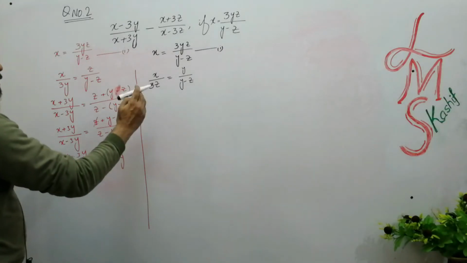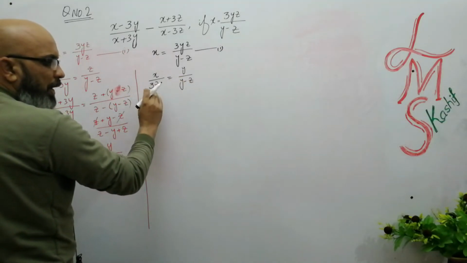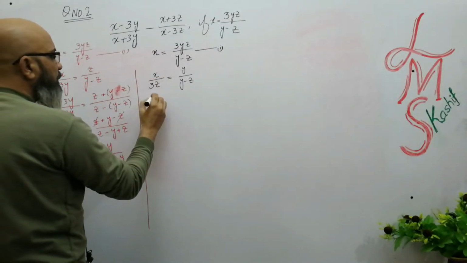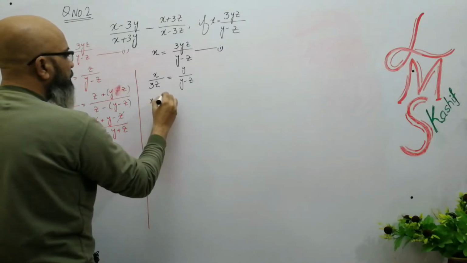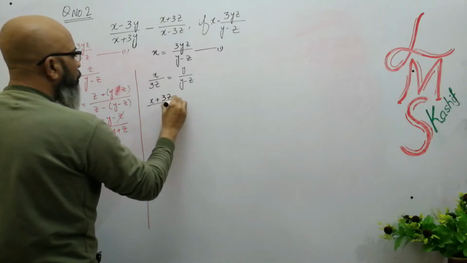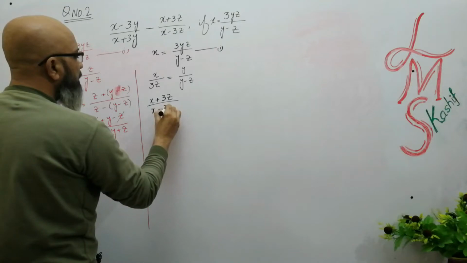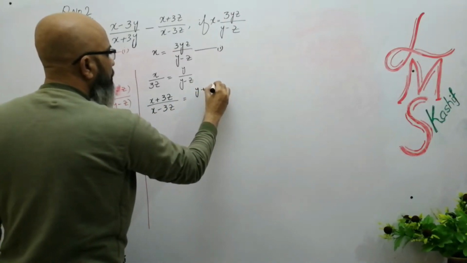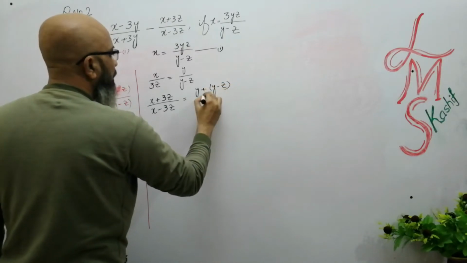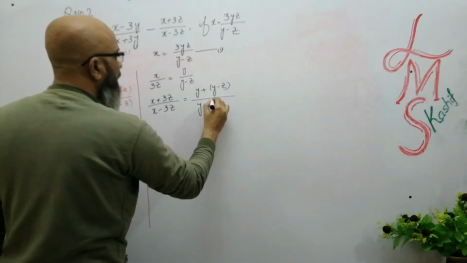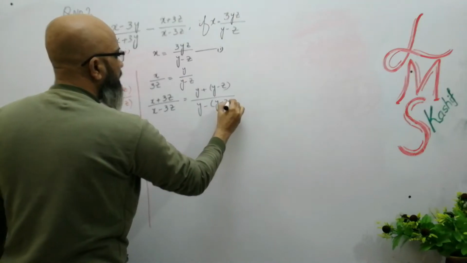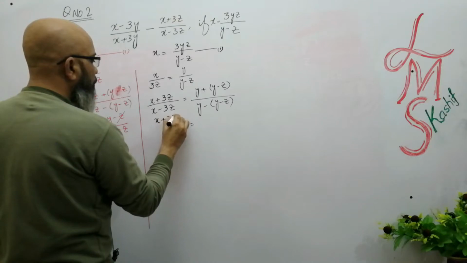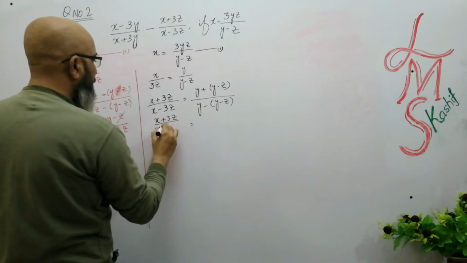Again the same method, we will write here by applying the componendo dividendo theorem. We will add one time, we will subtract one time, meaning (x + 3z)/(x - 3z) equals (y + y - z)/(y - y + z). The same thing, no change.